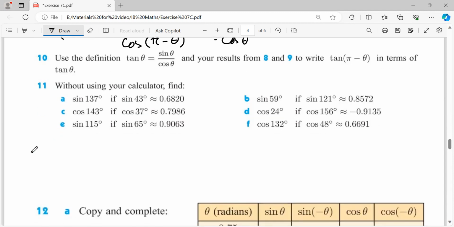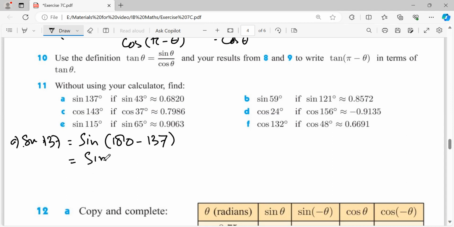Without using your calculator, find sine 137 if sine 43 is 0.6820. Okay, sine 137 equals sine (180 minus 137), and it is sine 43, equivalent with 0.6820.